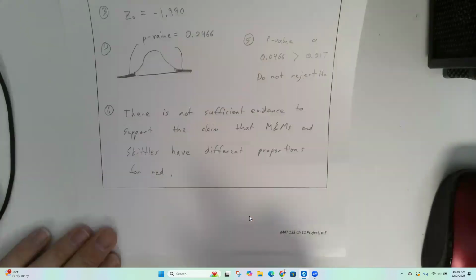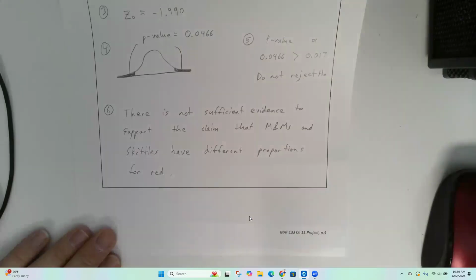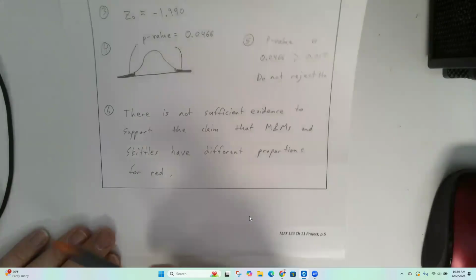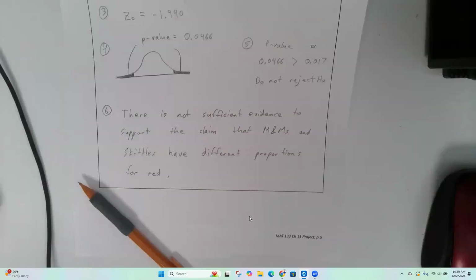There is not sufficient evidence to support the claim that M&Ms and Skittles have different proportions for red. Maybe I could word that a little bit better, but that's basically what we're showing here.